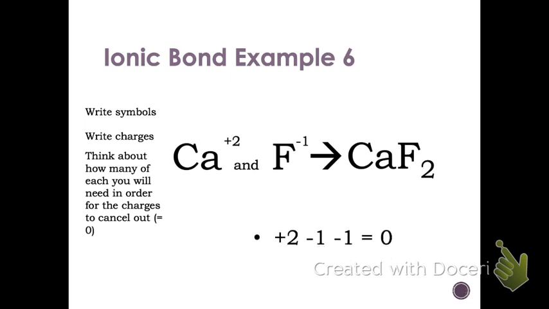So here's my calcium. I have 1 calcium with a +2 charge, and I've got 2 fluorines. Each one has a -1 charge. And when I add those all up, I get 0. And so the name of this compound is, and my clicker's not working there. There we go, calcium fluoride.